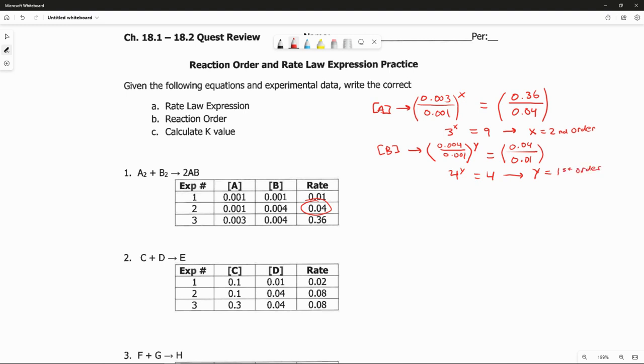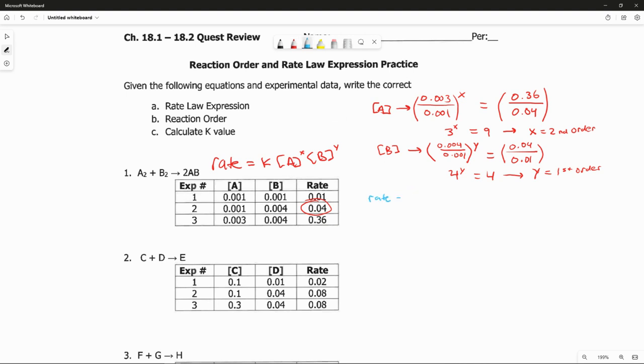Alright, the rate law expression is written using the orders and the concentrations. The equation for rate law we'll put on top: rate equals K times the concentration of A to the x and the concentration of B to the y. Now I'll write it in a different color.